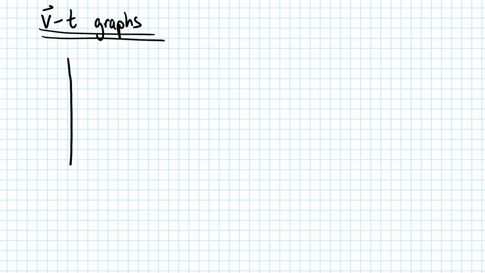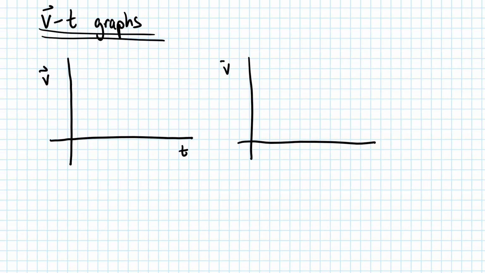Okay, let's take another look at velocity time graphs for one more important point that we need to make. I'm going to draw two more graphs, and again, these are just velocity time graphs. We'll put a touch more detail in this. This is going to be velocity in meters per second going in the east direction.